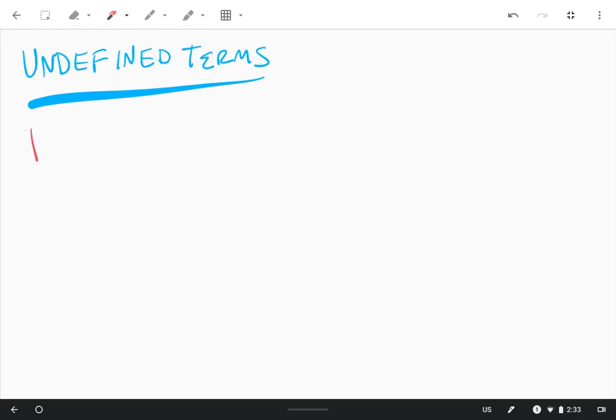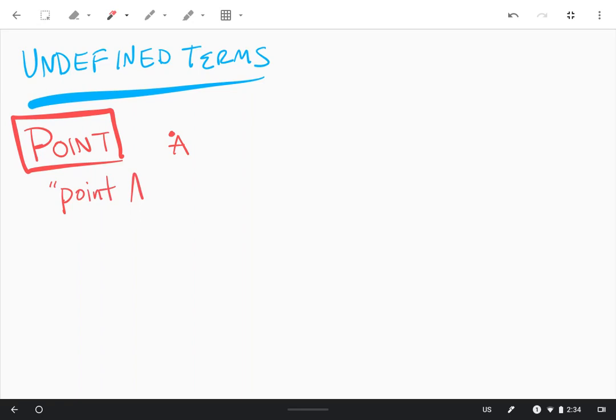So we'll start with points. So the first undefined term is points. Points are represented by a dot, and it will always be accompanied by a letter. So this is point A, also known as, again, I'm going to put it in quotes because the way we say it is literally just to say point A. So when you write or say this, you would be talking about point A. The thing that you need to know about points is that points identify location only.